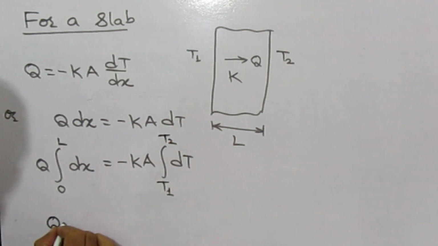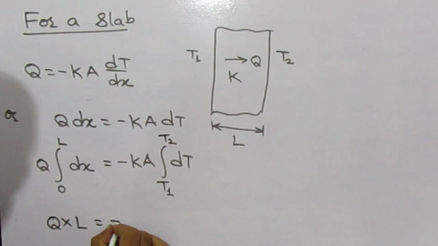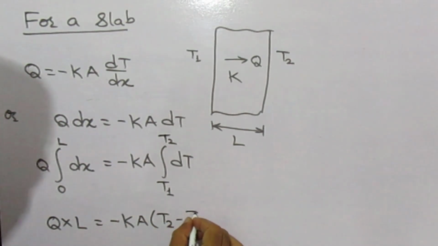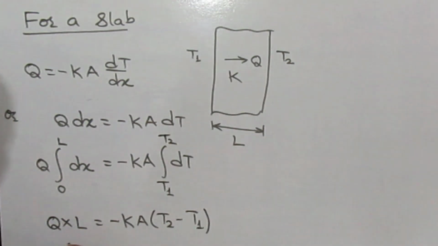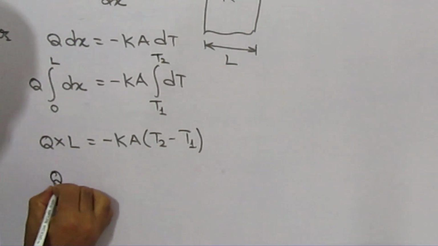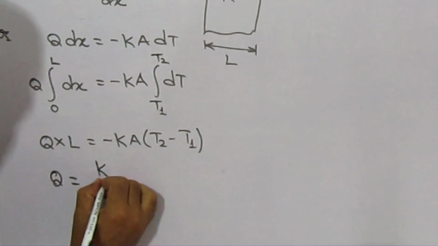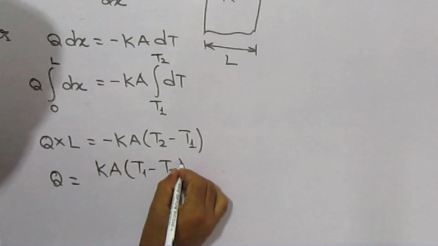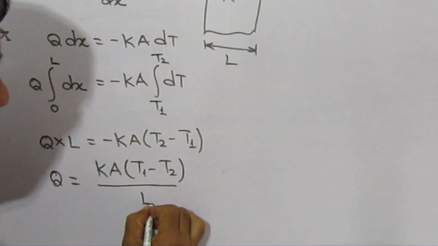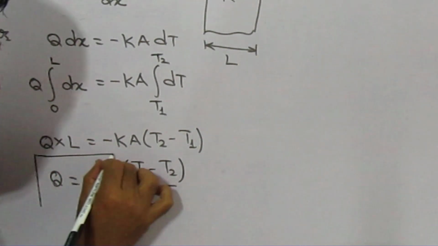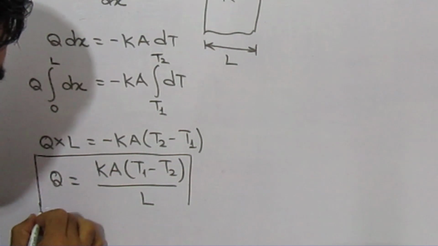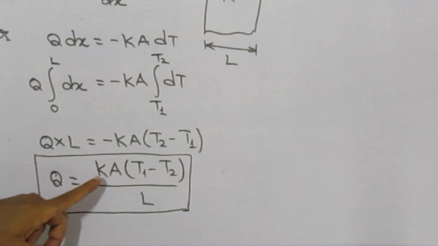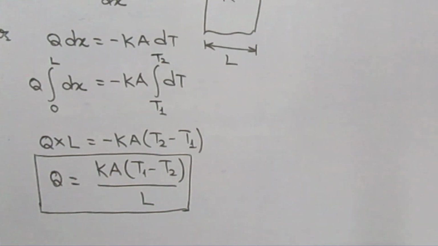Then Q into L equals minus K A (T2 minus T1), or Q equals K A (T1 minus T2) divided by L. So this is the heat transfer through a slab having constant K and cross-sectional area A.